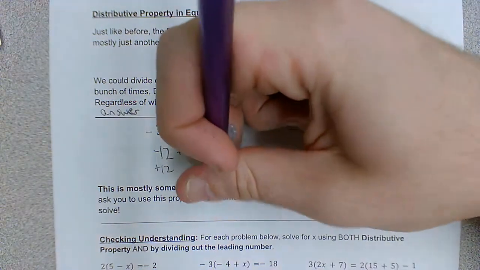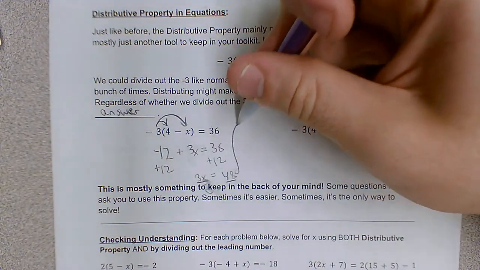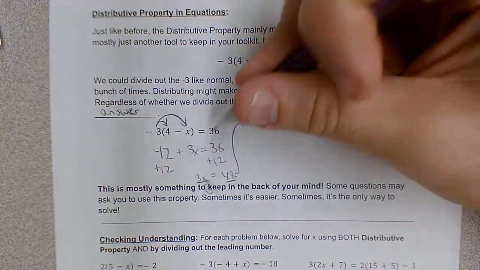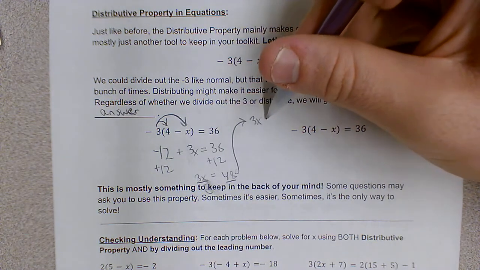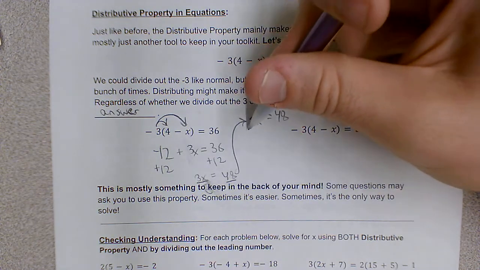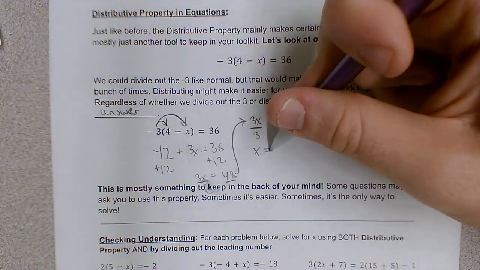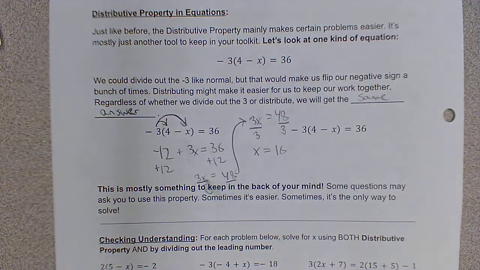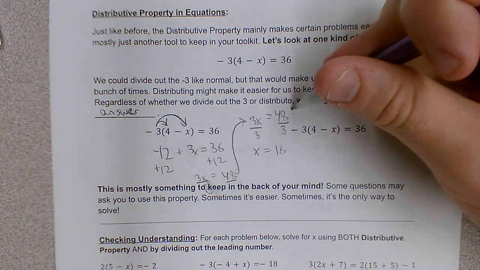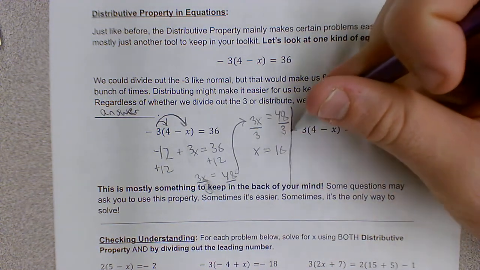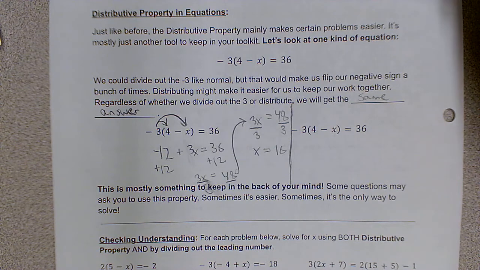Sorry, I'll do this work in a better space. I can divide both sides by 3. And find that x is equal to 16. That's one method. Gotta keep my work clean. I can also just try to solve it normally.